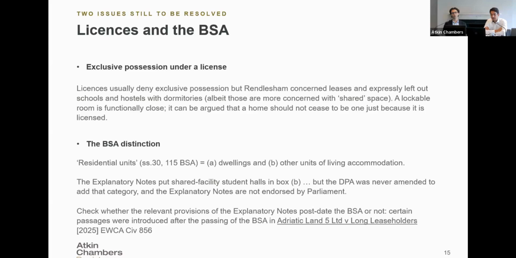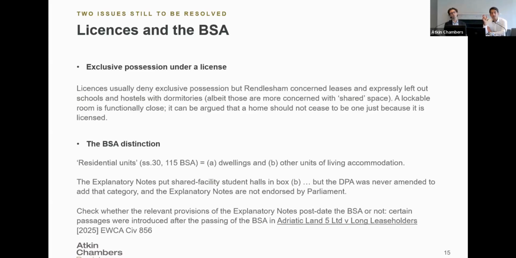And as everyone on the call will know, the BSA expanded the limitation period under Section 1 claims from 6 to 30 years, but also introduced a new duty under Section 2A to catch, for example, renovations of properties rather than their creation, and attaching a DPA duty to those circumstances.